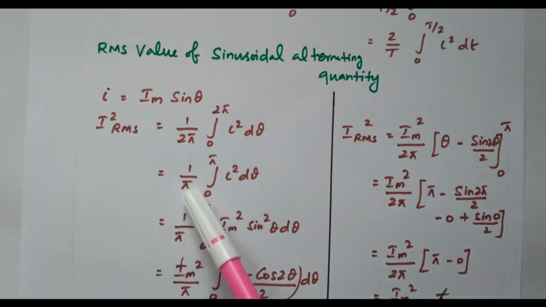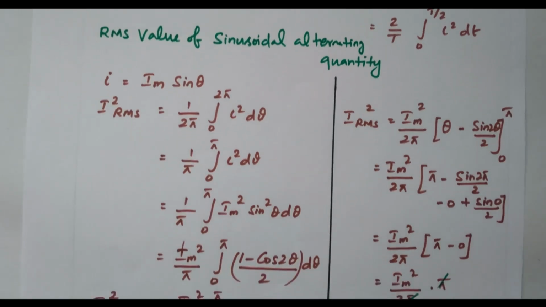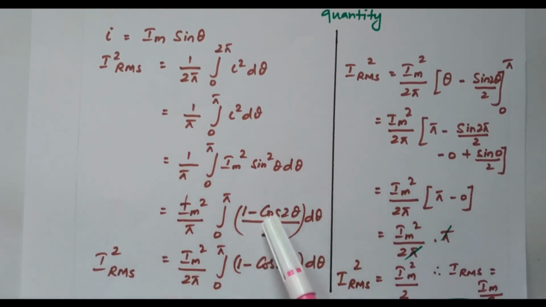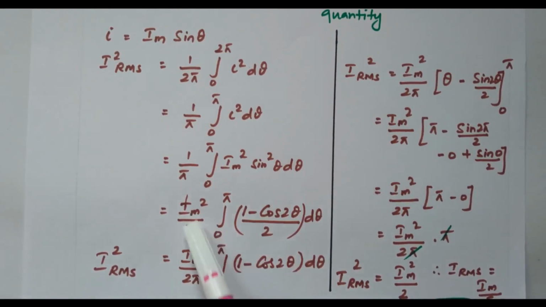Now we consider only half cycle because it is symmetrical. Before integrating sin square theta, we need to change it. Sin square theta is written as 1 minus cos 2 theta divided by 2. Im square is taken outside because it is a constant.